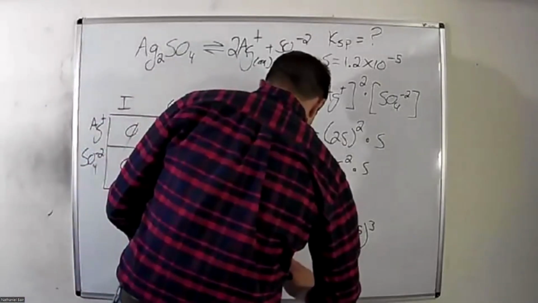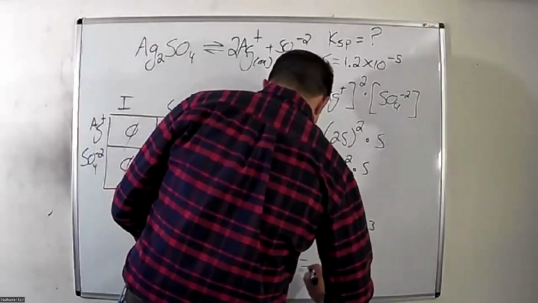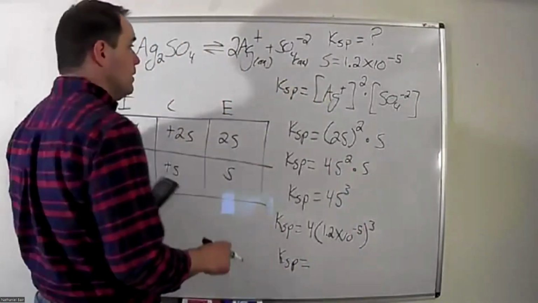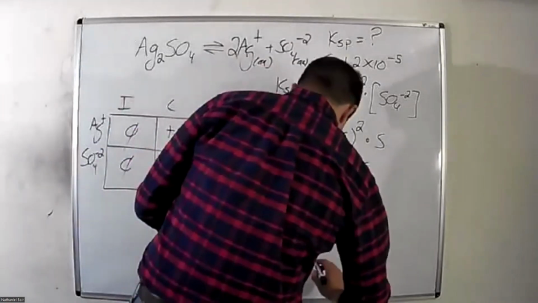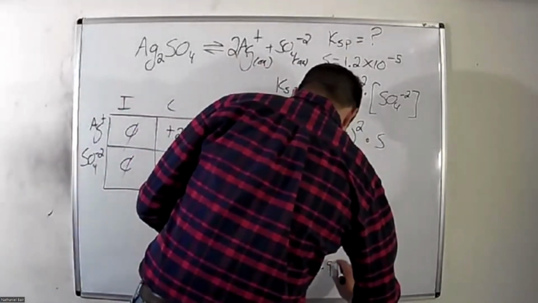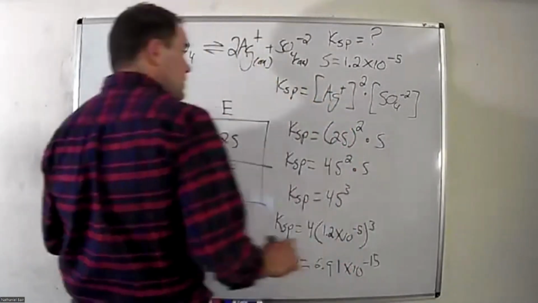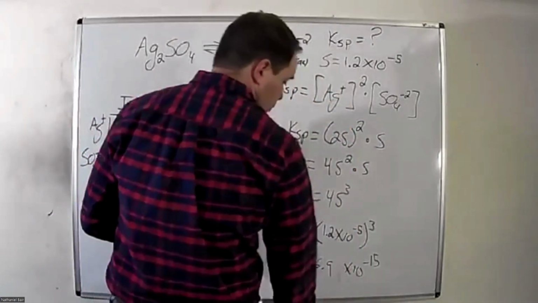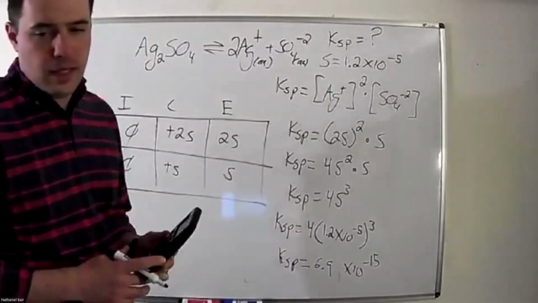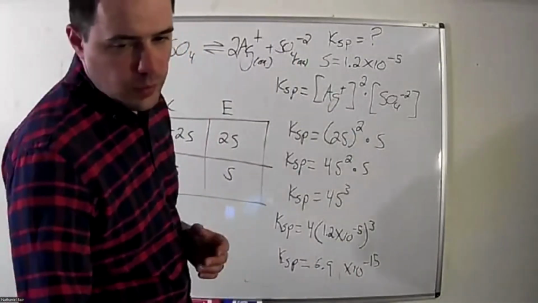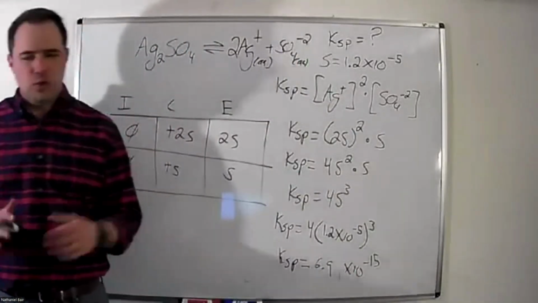I get a Ksp, a solubility product constant for silver sulfate. I get 6.91 times 10 to the negative 15th. Looks like 2 sig figs, so how about 6.9 times 10 to the negative 15th as our solubility product constant for silver sulfate?